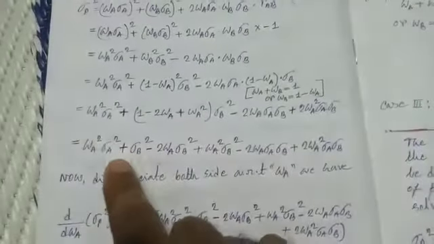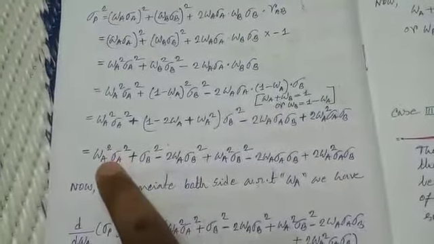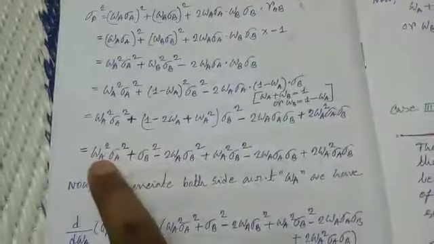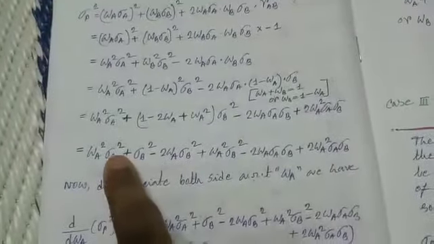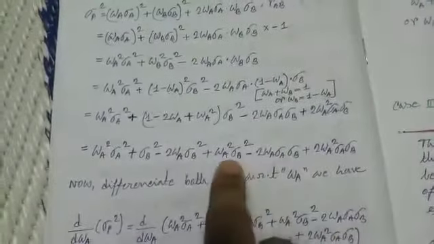Now we have to differentiate both sides of this function with respect to WA, because in this variance function the variable factor is WA; sigma A is fixed, sigma B is given, that means fixed. So here only WA is the variable factor. So with the change in weight of security A, that means WA, how the variance will be affected is to be determined by differentiating both sides with respect to WA.